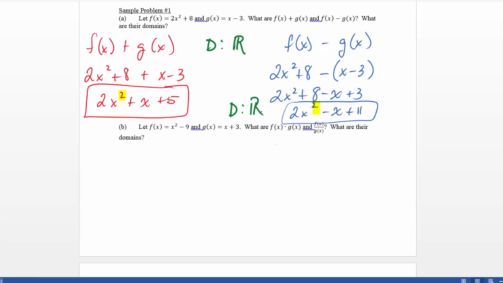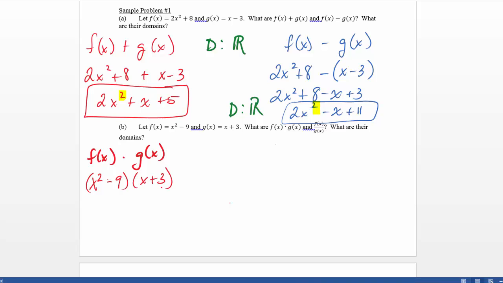Alright, so feel free to go ahead and do part B on your own, give it a shot, and then come back and watch the solution. This time we want to multiply f of x times g of x. So I'll just replace the given parts with the functions.